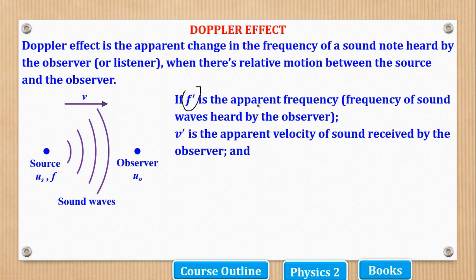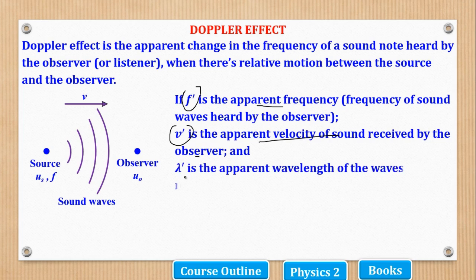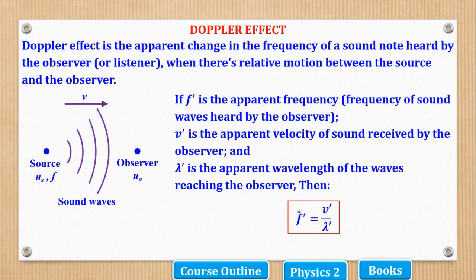F prime means apparent frequency, v prime means apparent velocity of sound received by the observer, and lambda prime denotes the apparent wavelength of the sound waves reaching the observer. Therefore f prime is equal to v prime over lambda prime. So for you to get f prime, you have to know v prime and also lambda prime.